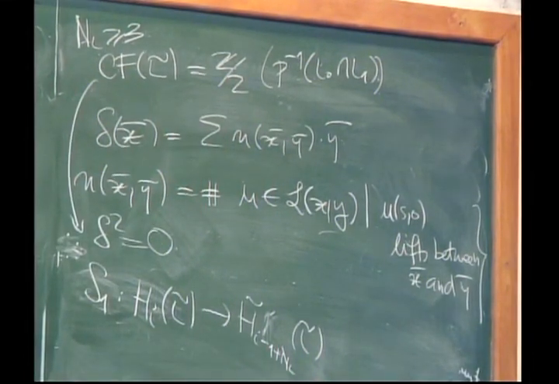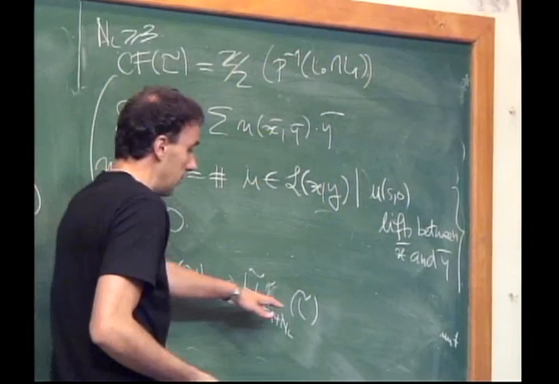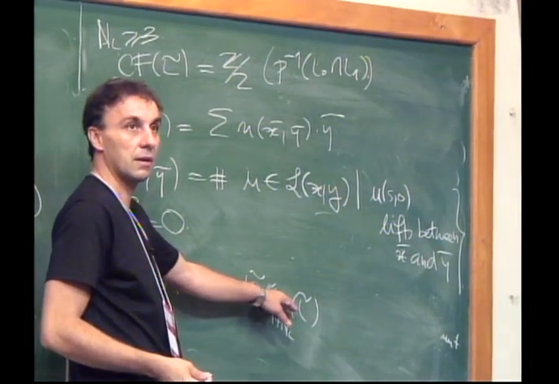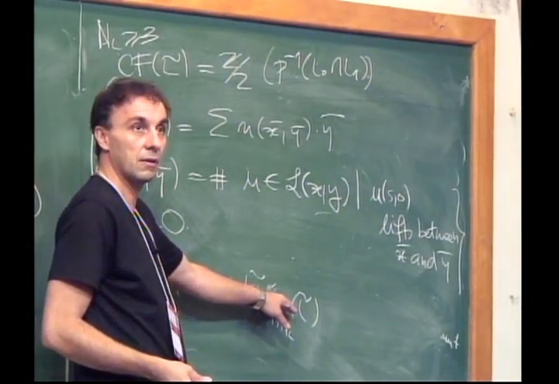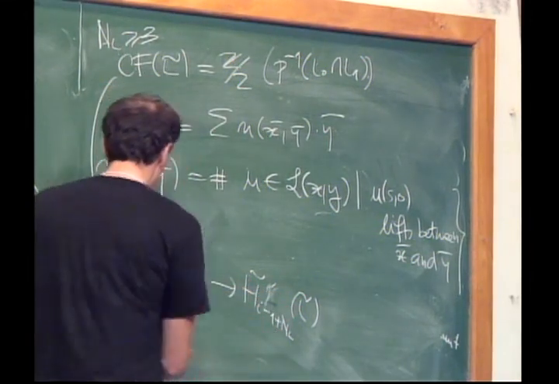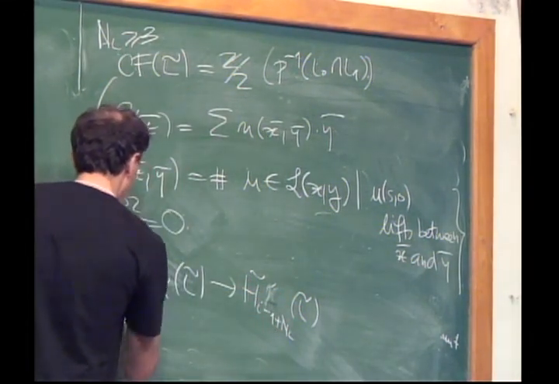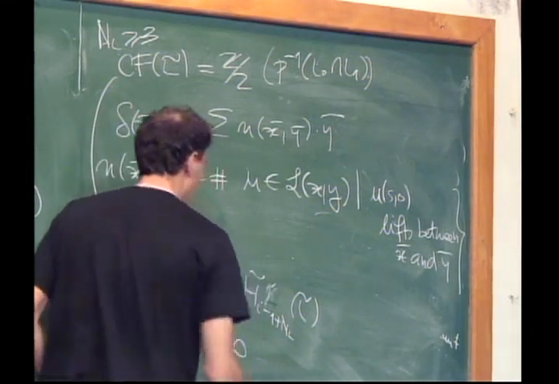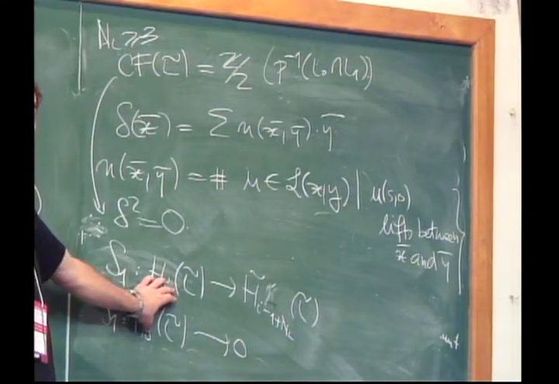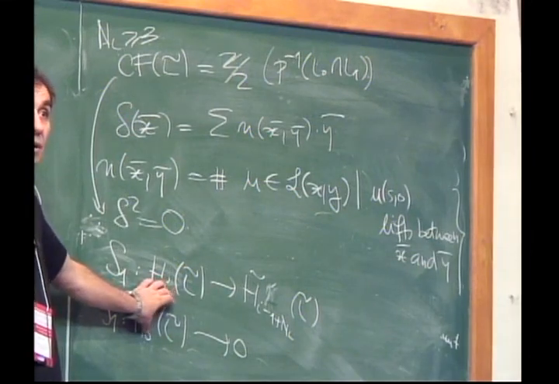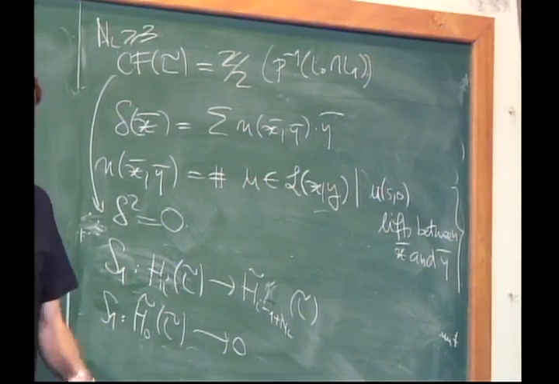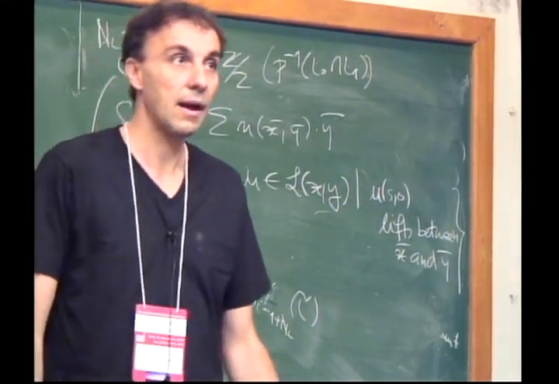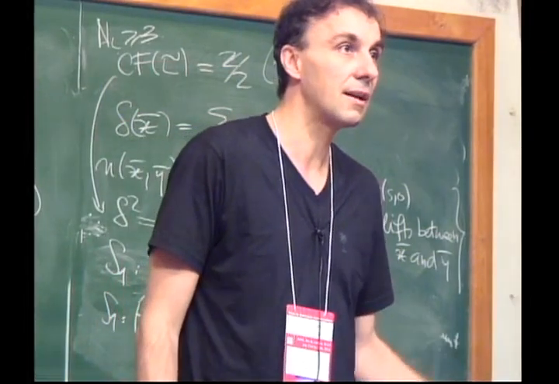Okay? And actually all these groups are 0 except for H_0. So you have d1 on H_0 of the universal cover, and this one goes to 0. So this H_0 does not die under the action of the homology defined by delta 1.